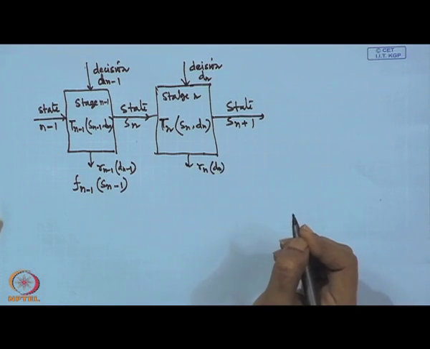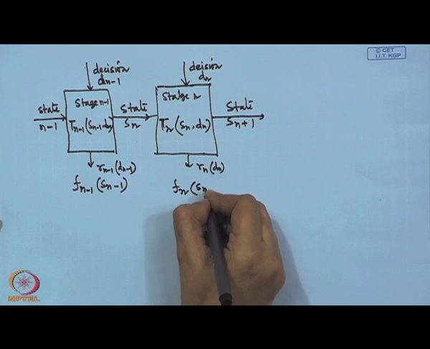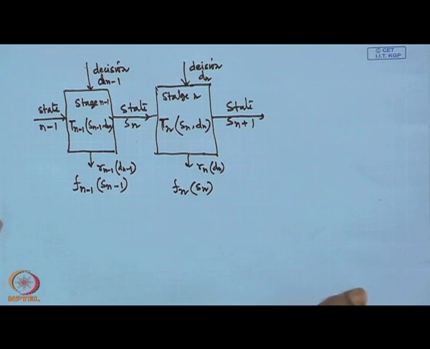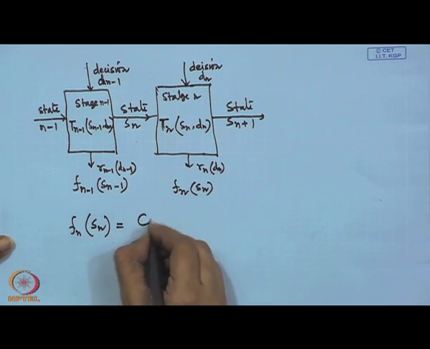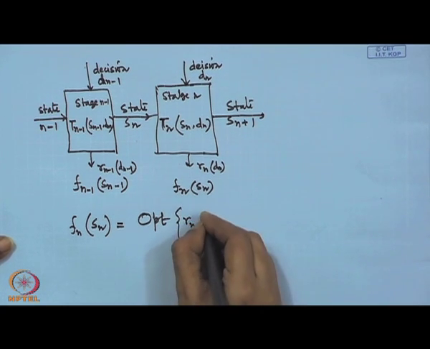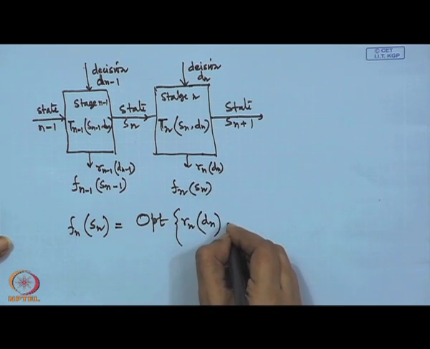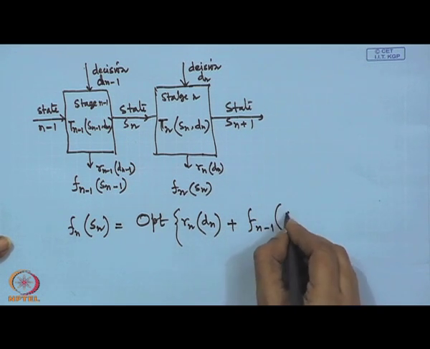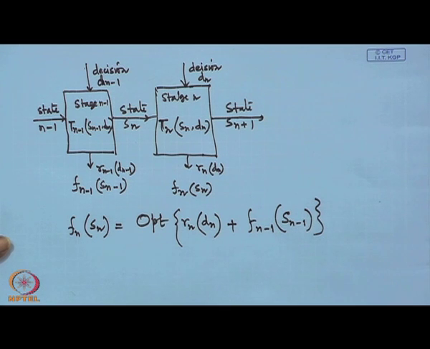We have to calculate the optimal return from this stage, following the recursive relation f n of s n equals the optimum over d n of the immediate return r n of d n plus the previous optimal return from the previous stage, f n minus 1, which is important for the forward recursive relation.